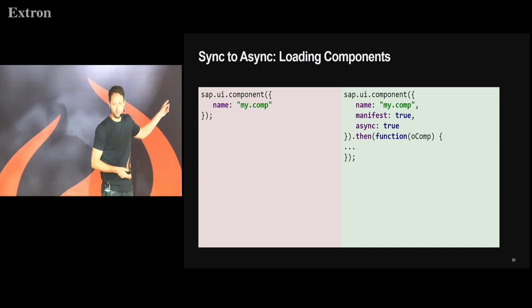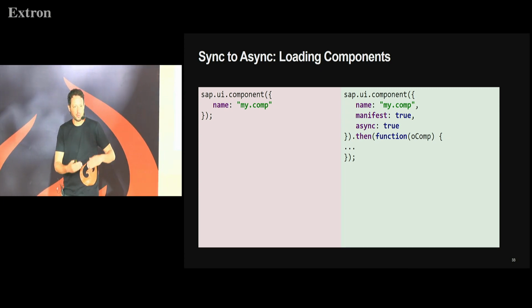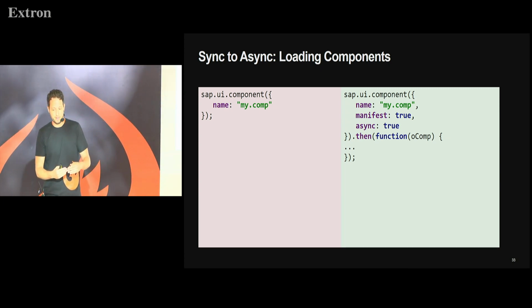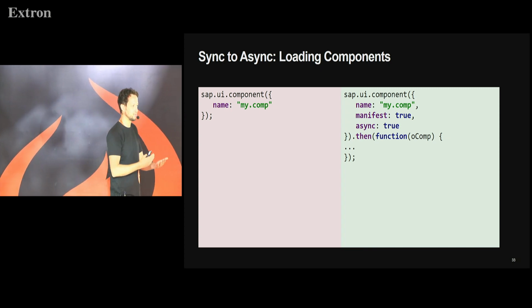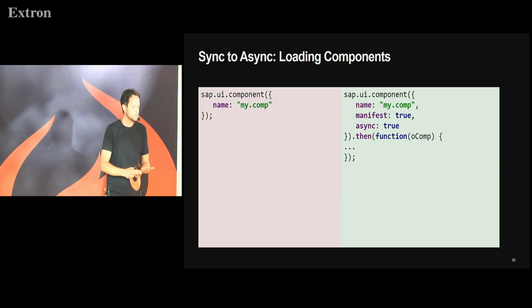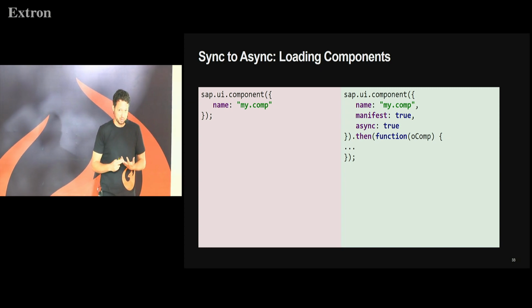Now for this SAP UI component, this interface, it grew over time. First we understood, okay, when we create such a component, we need to load a manifest. The manifest file basically contains the information, as I said, of the routing, but it also contains information of the used data models and the data sources, right?